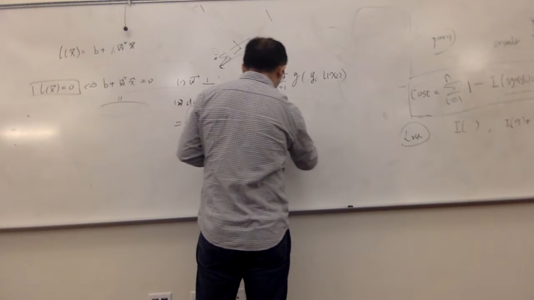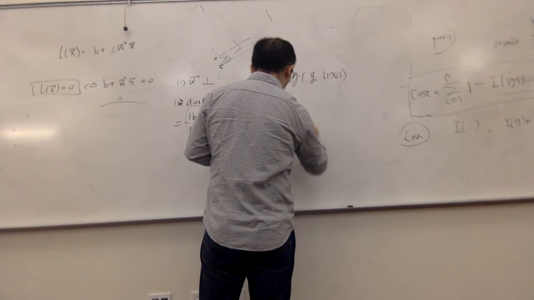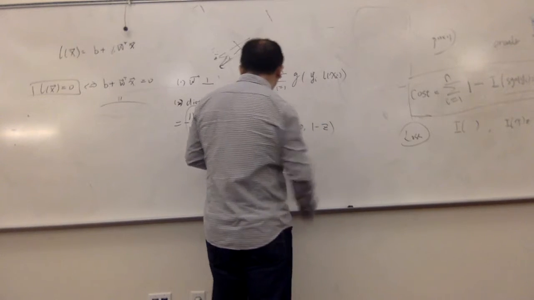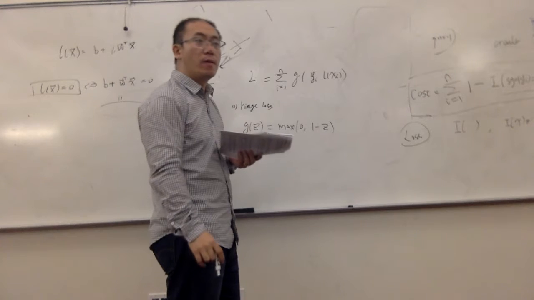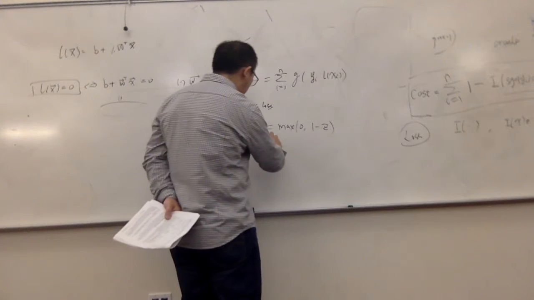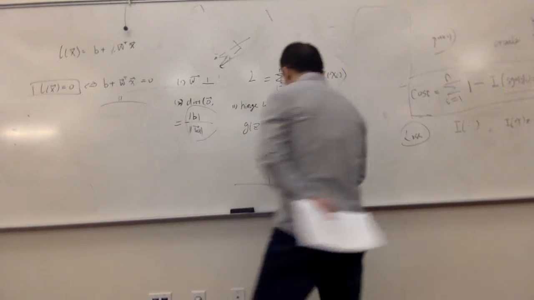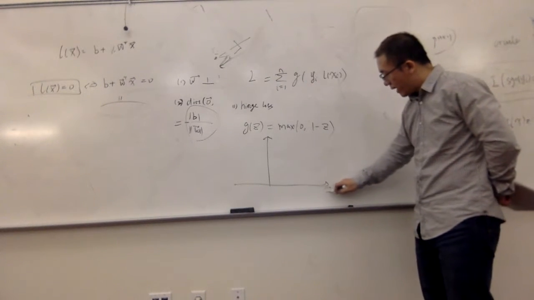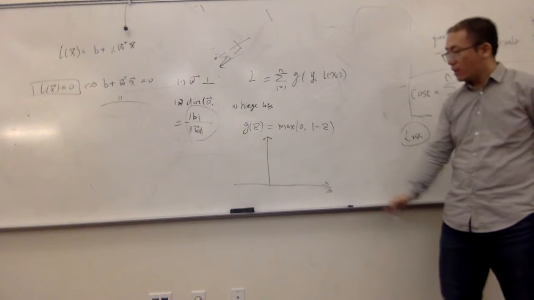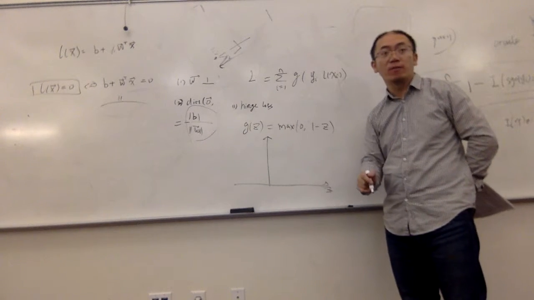It's just the max between 0 and 1 minus Z. This is called hinge loss. And we can check the curve of this hinge loss. So we can draw a curve. The x-axis is Z and the y-axis indicates the function value.